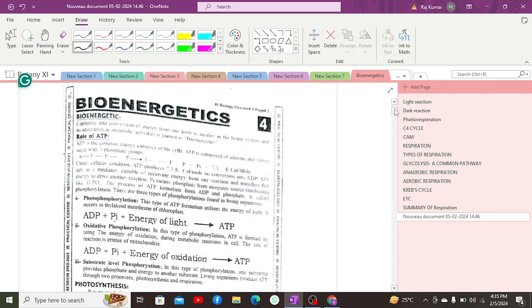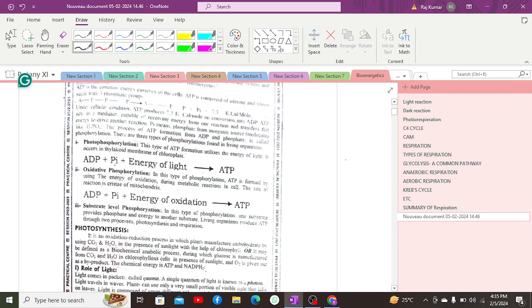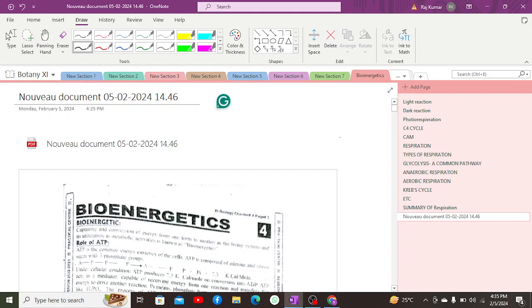When it comes to the structure of ATP, the structure is in such a manner that there is an adenine nitrogenous base.